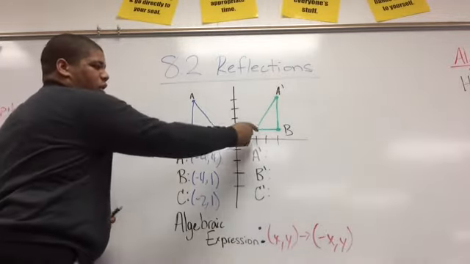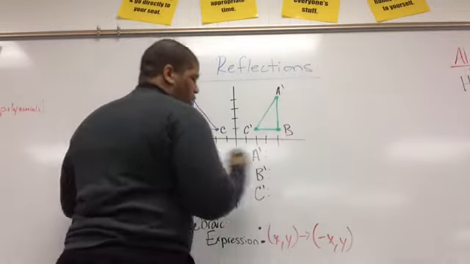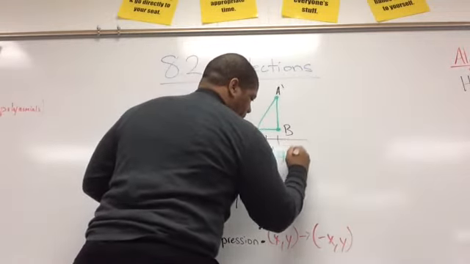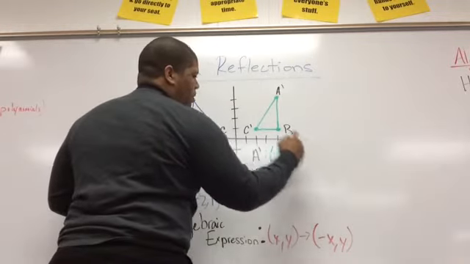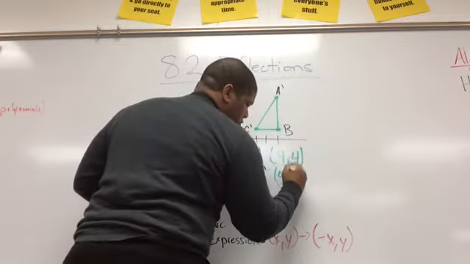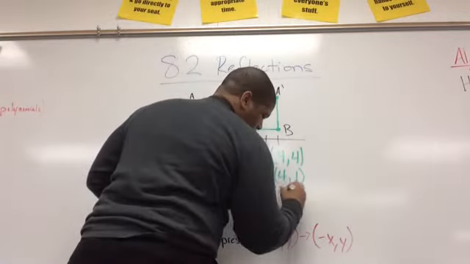So let's figure out these points. A prime is (4, 4). B prime is (4, 1). And C prime is (2, 1).